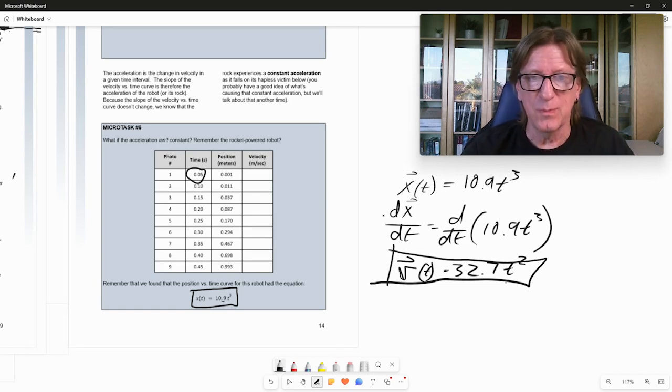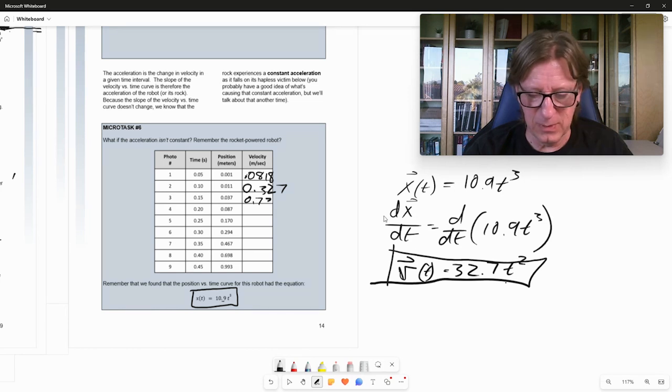Okay, so if we do that, and I'm just going to look at my notes for this, I got 0.0818 meters per second for the first velocity, and then the instantaneous velocity for point 2 was 0.327 meters per second. The next one was 0.736 meters per second.